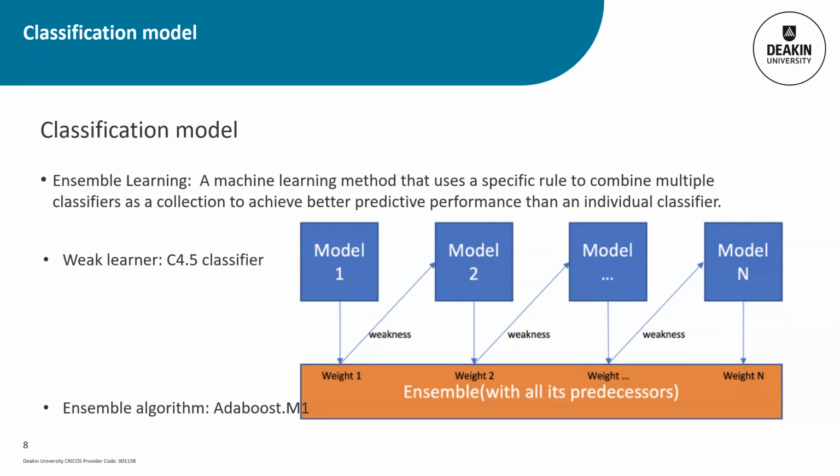AdaBoost.M1 creates a simple weak learner from each feature, and weak learners do not need high accuracy in the initial stages, as long as the accuracy is higher than random classification. The weight of the correctly classified samples decreases, and the weight of the incorrectly classified samples remains unchanged after each iteration. So the classification accuracy of the overall model will gradually improve. Also, we choose C4.5 as the algorithm of the weak learner based on two reasons. First, there are many missing values in our code features.